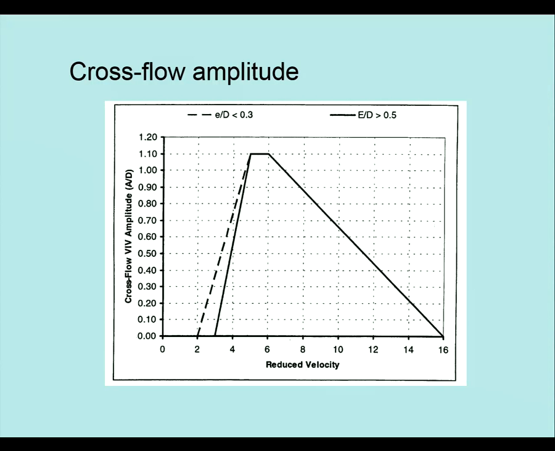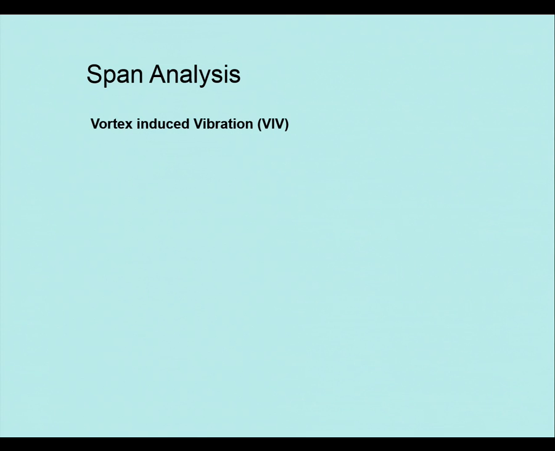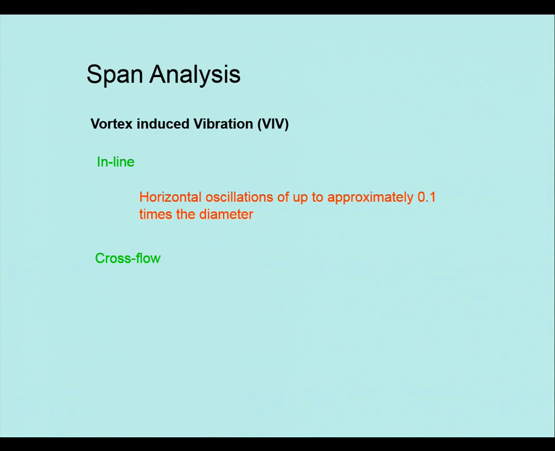There's two charts in there. One is when you've got cross-flow, so you can see the cross-flow amplitude, and that's your inline. And I think you'll find that the inline can be 0.1 of the pipeline diameter, whereas the cross-flow can be 1 times the diameter, so it can oscillate a full diameter.